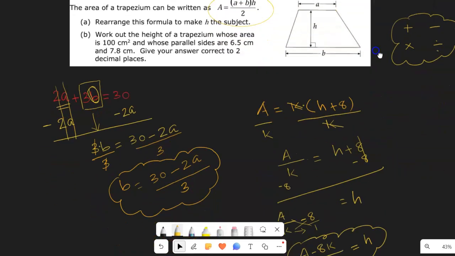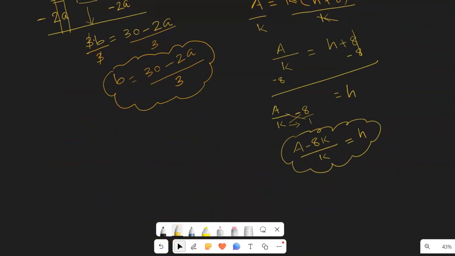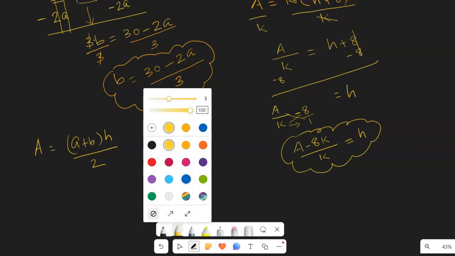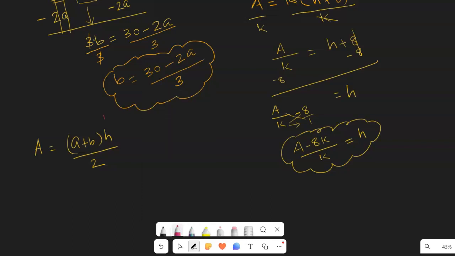So the problem is a equal to a plus b into h divided by 2. We need h as the subject of the formula. So we are going to work on this h. Good.